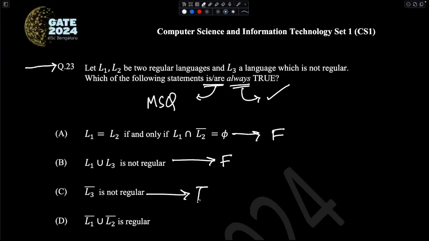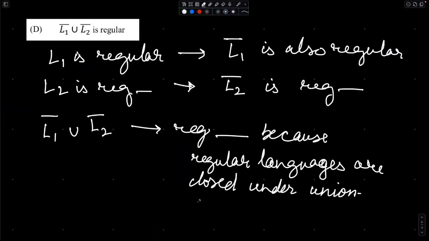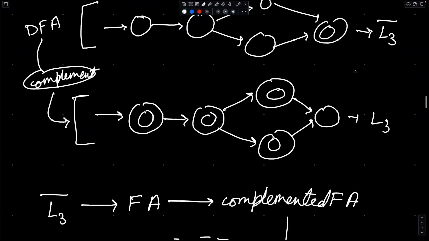Now the fourth option states that L1 complement union L2 complement is regular. Now we know that if L1 is a regular language, then L1's complement is also regular. Why? Because I just explained it over here.